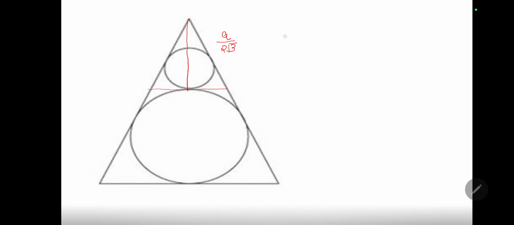Okay, now this is also an equilateral triangle because I made a parallel line over here. So if I draw this a by 2 root 3, I can find out the base. Let's say this is the base, and this angle I know.